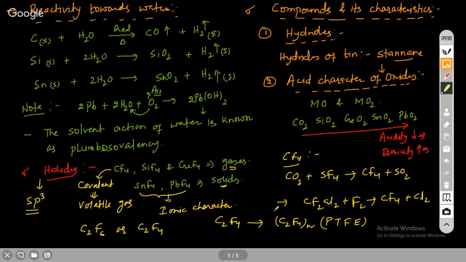Now, a few uses of this are important. That's why I have given you this. Uses of polytetrafluoroethylene, you write down.